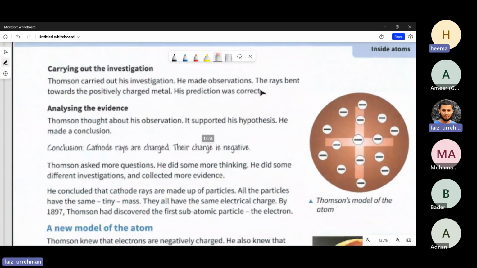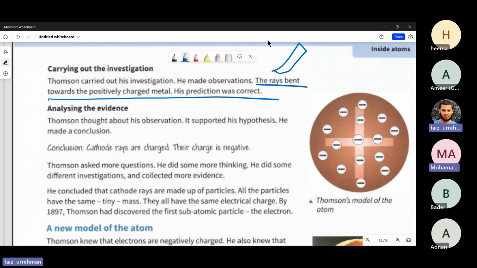So look, the thing that I told you is written here. In that experiment, when Thomson brought the electrode, the line bent towards it. So meaning the line contained negative charge and that electrode contained positive charge.